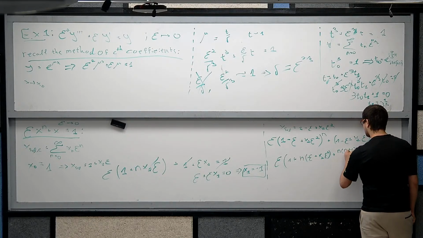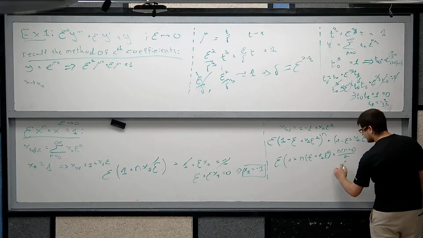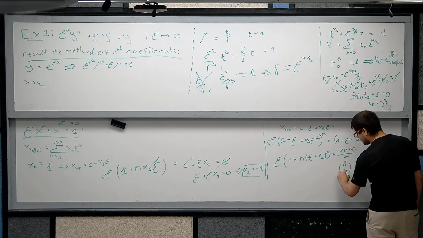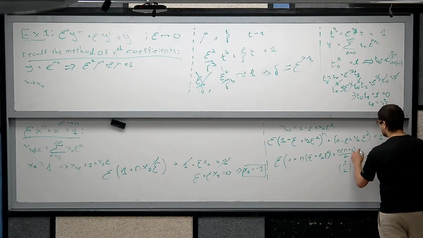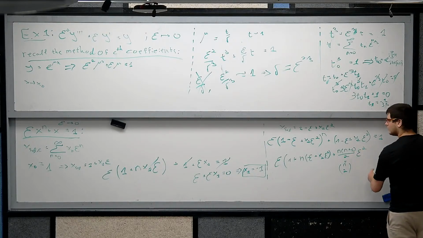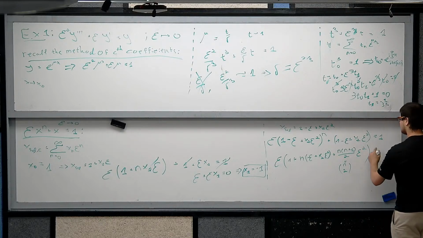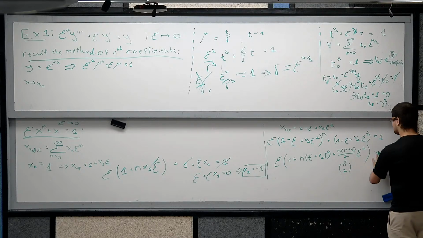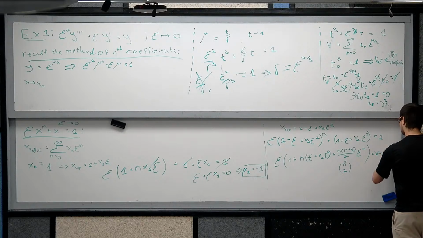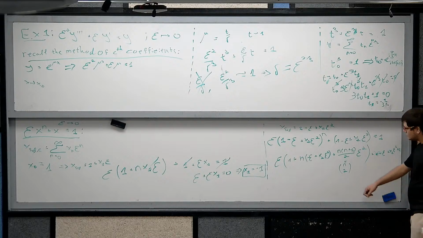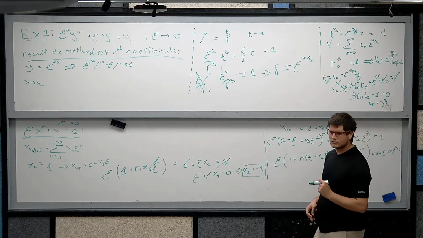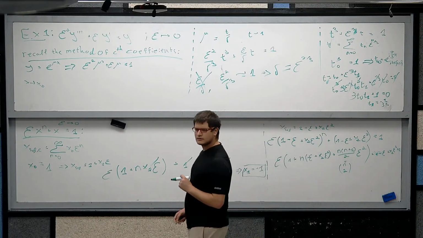And now the next order will be something like that, coming from the binomial expansion, that is n choose 2, and here we have epsilon squared. That's looking fine, because now finding a solution is not very hard. x2 epsilon squared equal to 1.